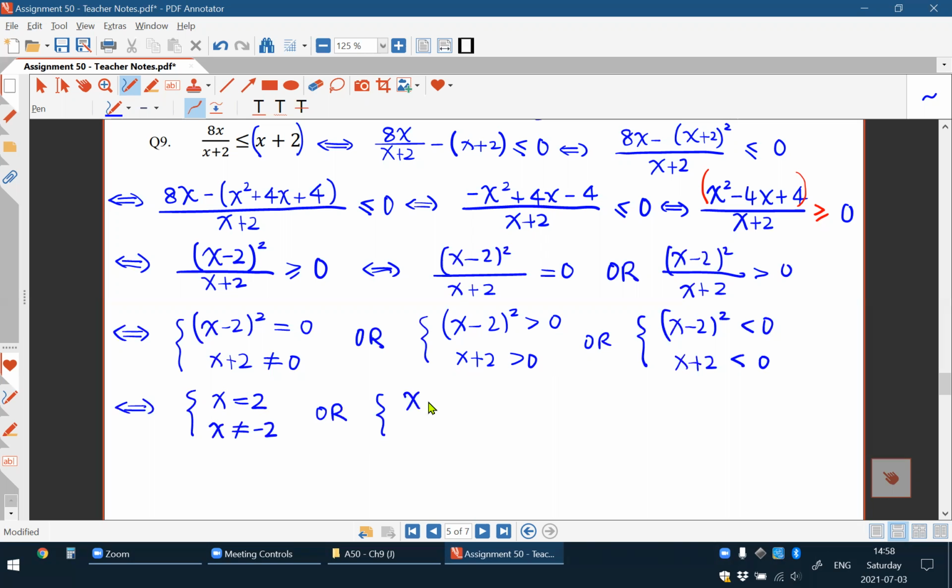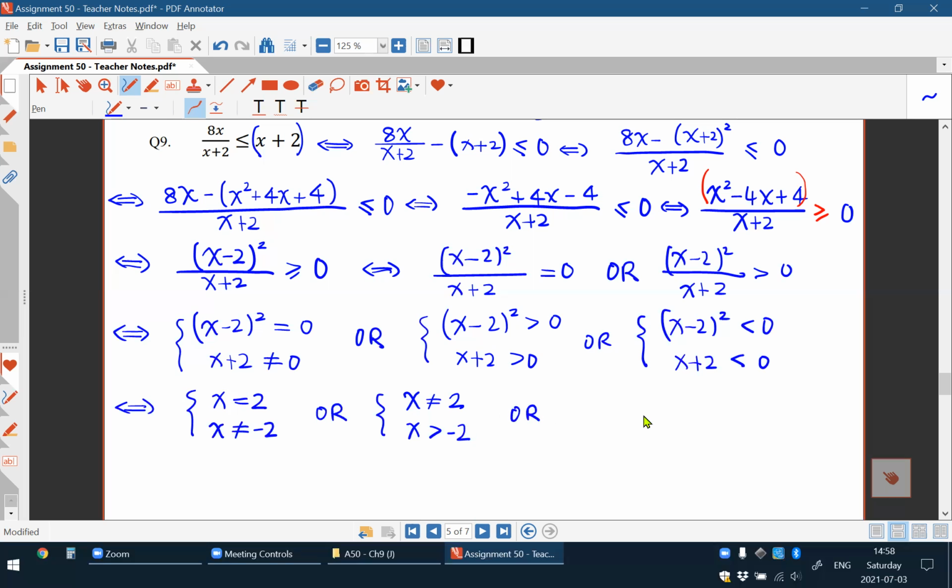So if we ensure that x is not 2, that means x minus 2 is not 0, right? If we ensure that x is not 2, we can ensure that (x minus 2) squared is above 0. Understand? And x plus 2 is above 0. That means x must be above -2.